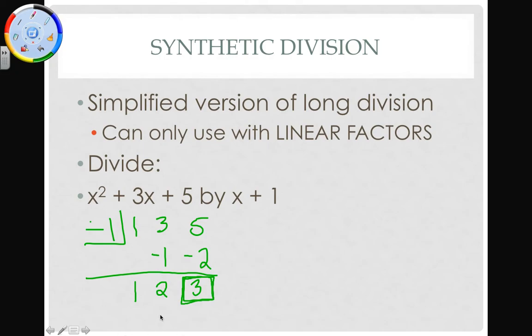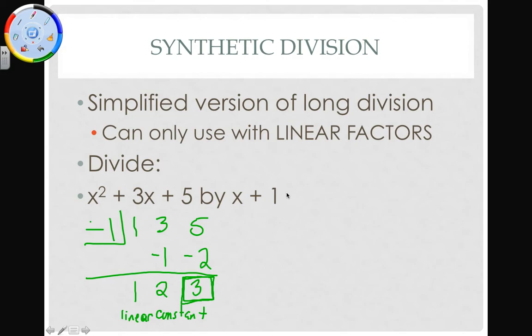And then what we want to do here is look at this. This number right here, just next to the box, this is my constant. The number to the left of that, that's linear. If you went any farther, the next number would be quadratic. The next number would be cubic.